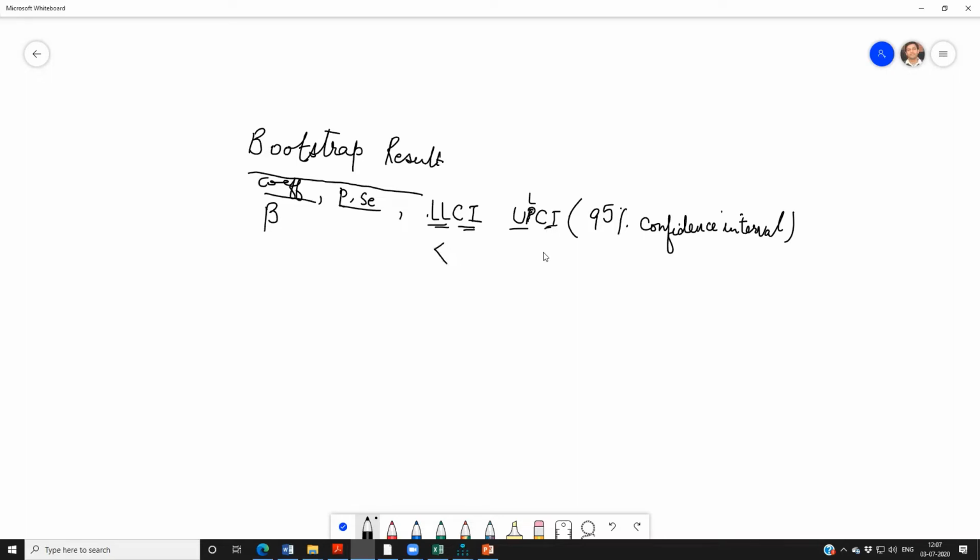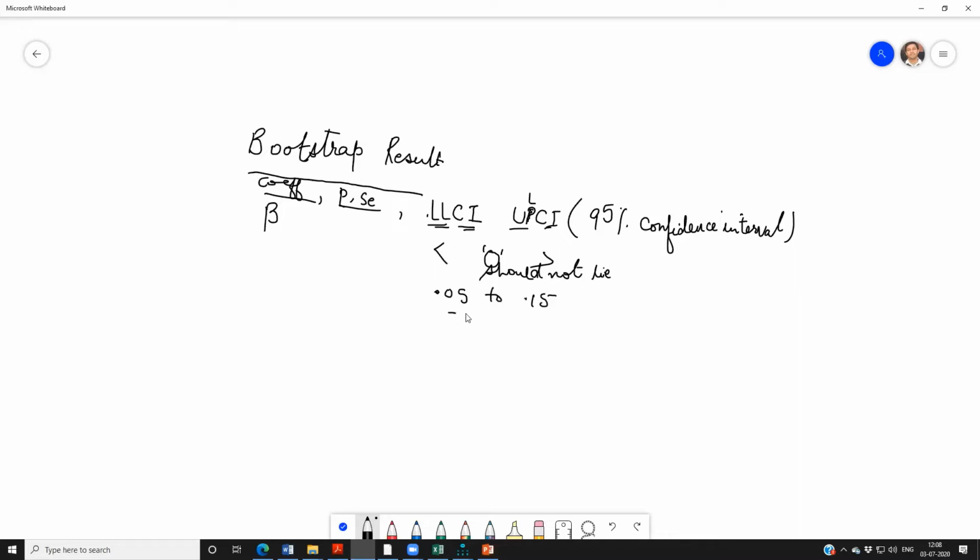What you've got to check is that in this interval, 0 should not lie. Let's say you get an interval of 0.05 to 0.15.